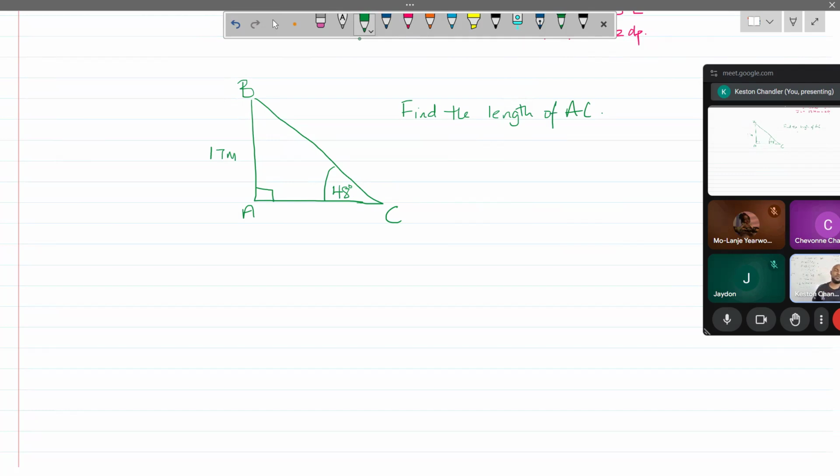I want you to use the same steps that I taught you to identify the difference: first label the sides of the triangle, write what you're given, write what you must find. Then use that information to choose the appropriate formula. Because you went through the three scenarios for sine, cosine, and tan, if you have to use another one of the ratios, it's going to be the same thing. The only thing that will change is that you will change the sine to cosine or tan. That's all that changes. Steps remain the same. Right? So I want you to apply what you learned to this triangle and find the length of AC for me. Everybody up for the challenge?